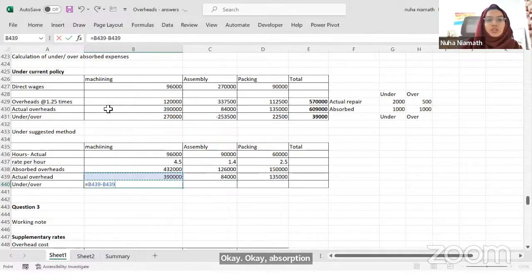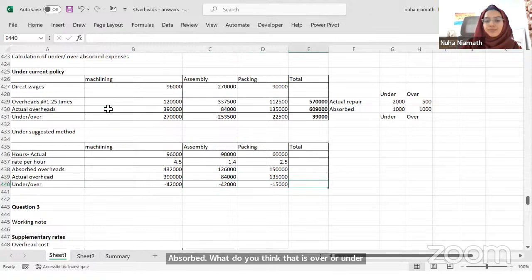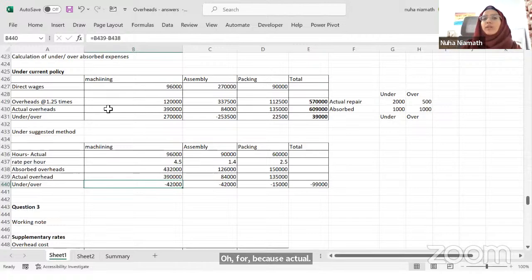Actual minus absorbed. What do you think? Is this over or under? Over absorbed. Perfect, Atira. Because actual is only 3,90,000, but you have ended up absorbing 4,32,000, which is an over absorption case.